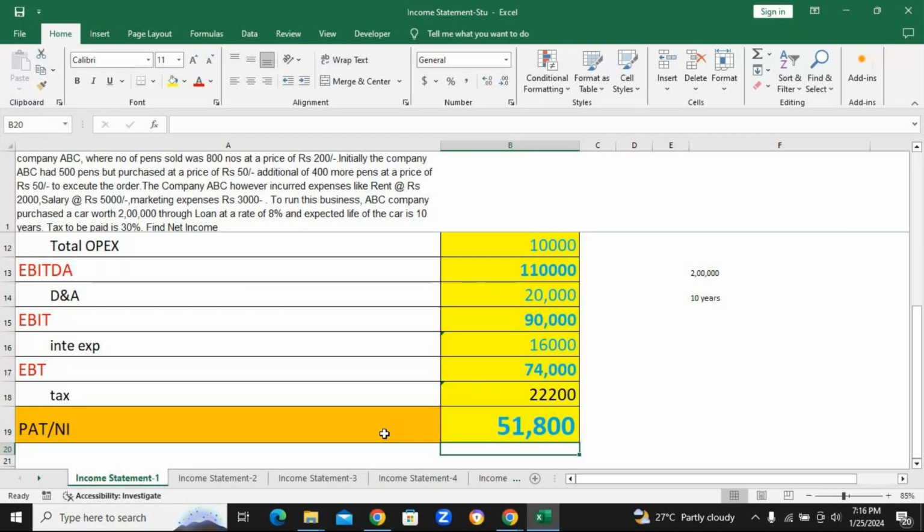I wanted you people to solve income statement 1 and after that solve income statement 3.